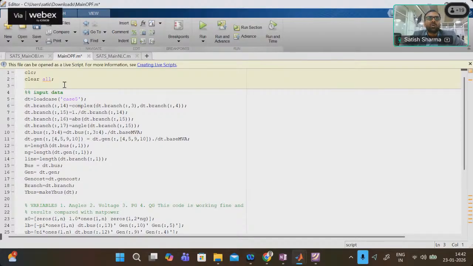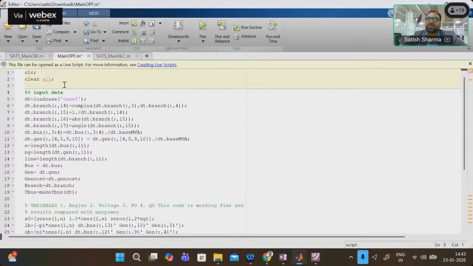Just to calculate optimal power flow, I will not consider that particular branch because it is open circuited. That branch no longer exists for me. But yes, there are different applications. Let's say you want to identify particular branches and the impact of those, then we can model that as well in OPF.